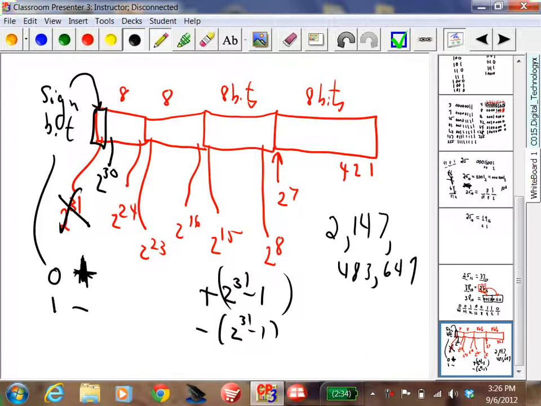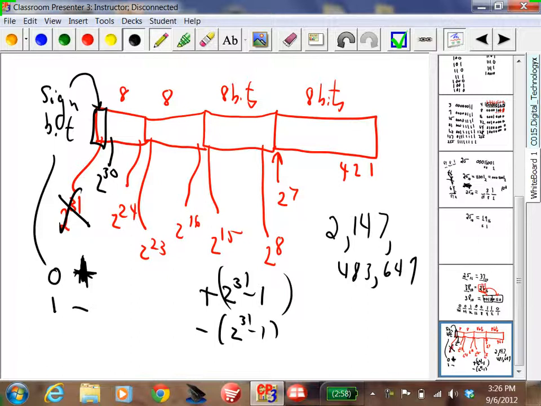There's not a 2 to the 31st power. There is a 2 to the 31st minus 1. That's the biggest number, and that's all ones, you see. That's 1, 1, 1, 1, out to 2 to the 30th. Remember, a power of 2 minus 1 is all ones, just like in decimal, a power of 10 minus 1 is all nines.